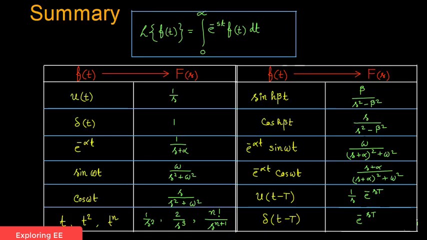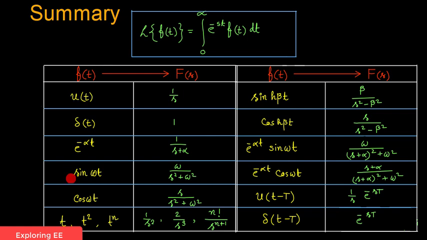So let us summarize all the formulas of Laplace transform. This is the definition of Laplace transform, and using this definition we have derived the Laplace transform of unit step, which is 1 upon s. Laplace transform of an impulse function is unity. Laplace transform of exponentially decaying function e to the power minus alpha t is 1 upon s plus alpha.